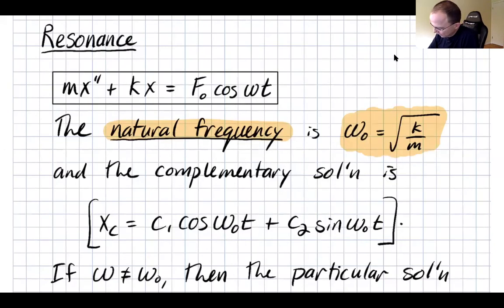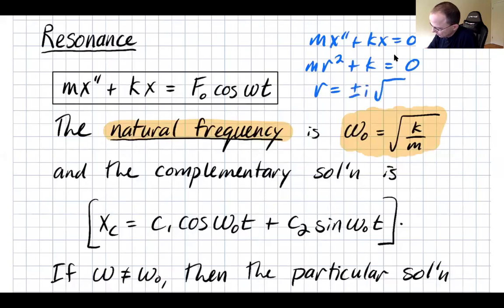It comes from looking at the homogeneous equation, and then you write down its characteristic equation. And the roots are going to be equal to plus or minus i square root of k divided by m.